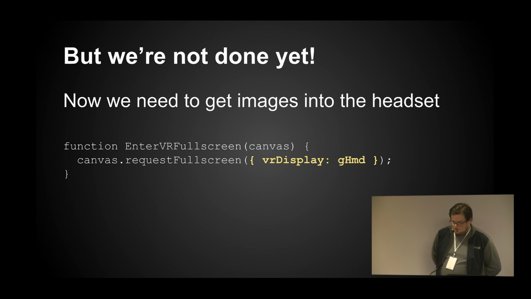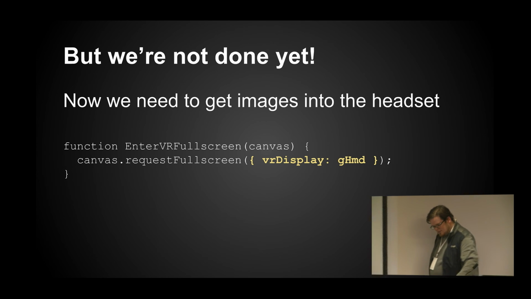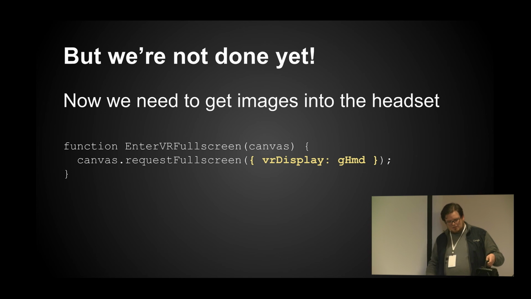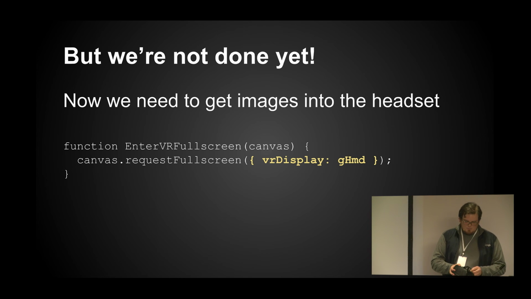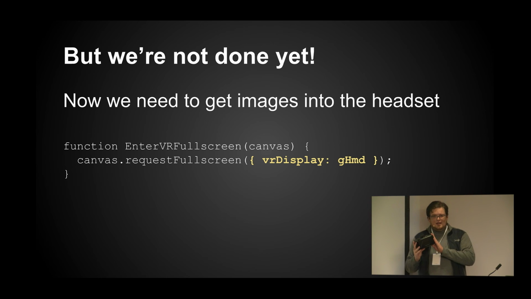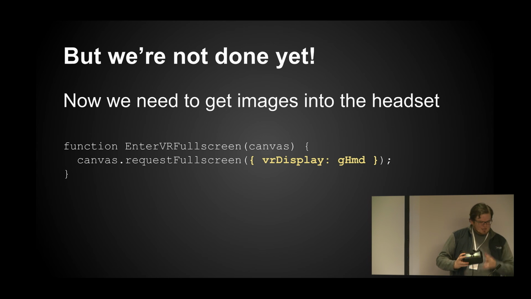Now, the final thing that you need to do is on devices like this, if you're using cardboard, you're done. That's more or less everything that you need to do. But if you're using a device like this, it actually has its own screen in it. And your browser is probably not showing up on this screen all the time, because that's a really hard way to use your browser. You can only see it halfway at a time.